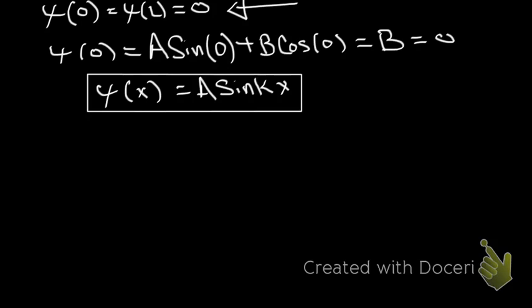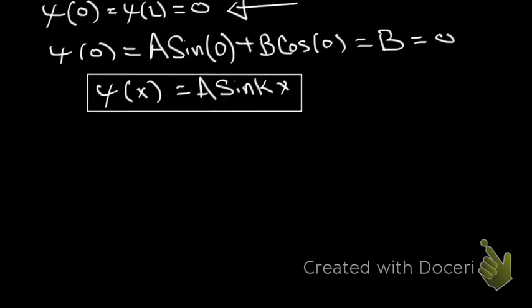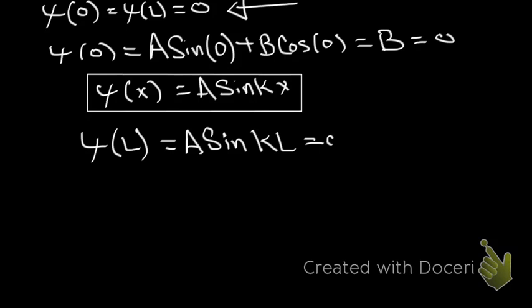Okay, so the boundary condition at the right side of the box yields, if you go back here and look at this box, that psi of L is also equal to 0, because the wave function does not exist at L or after L. And so I can write psi of L is equal to A times sine KL being equal to 0.